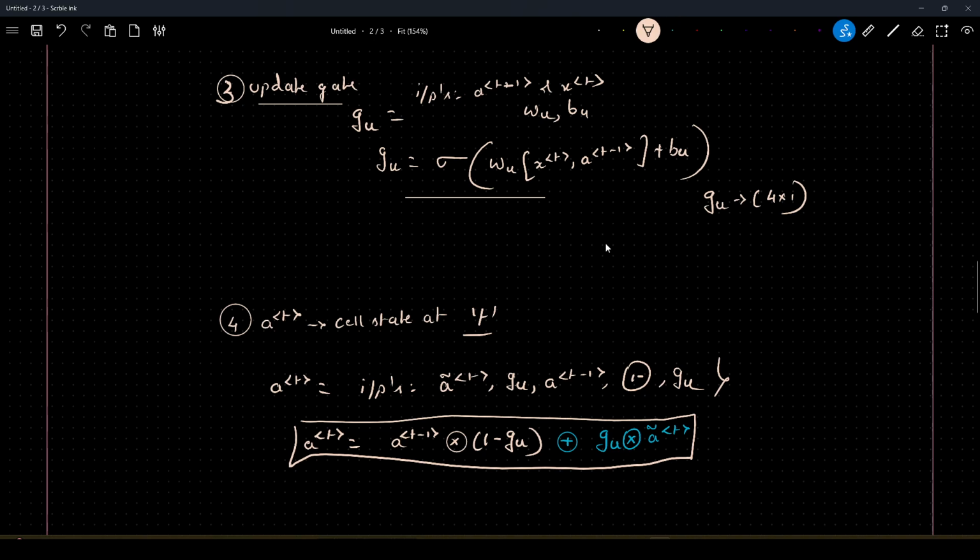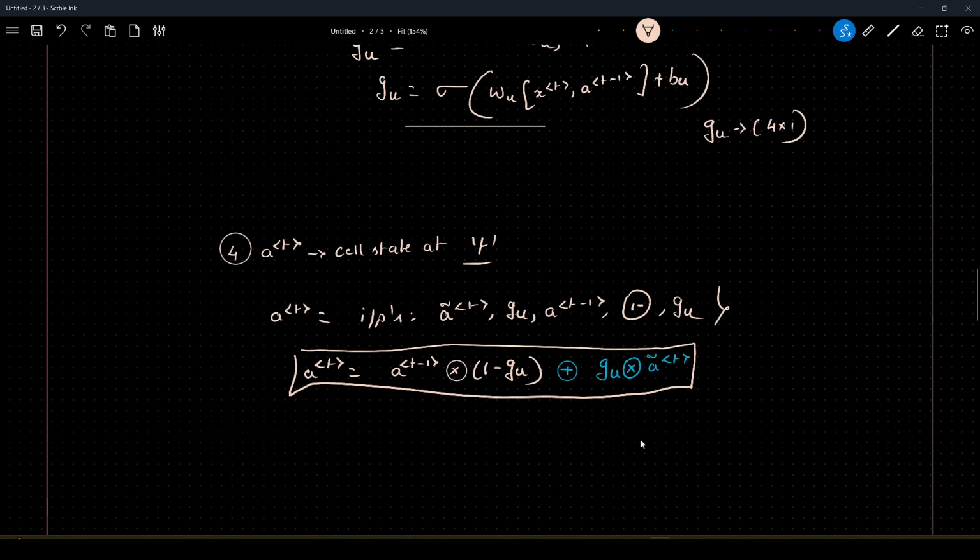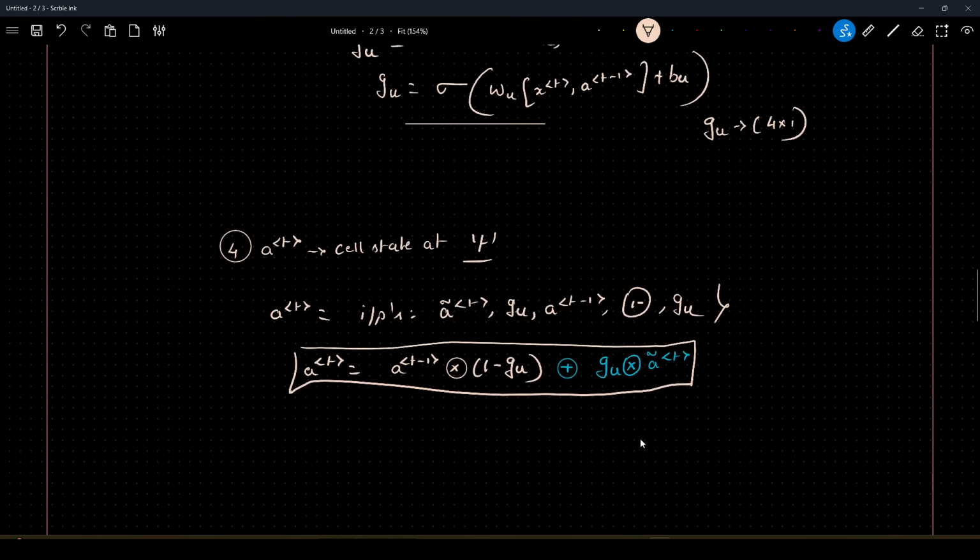So, congratulations, we have arrived towards the end of computations, but still we have to understand how this works. Okay. So, let us see that now. Now, what is GU? It is the update gate, correct?